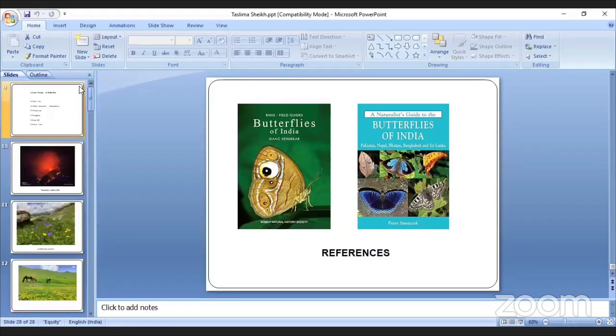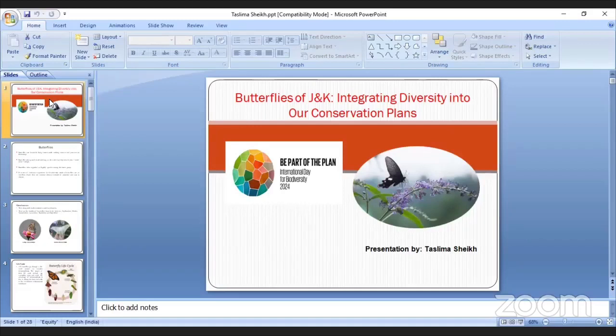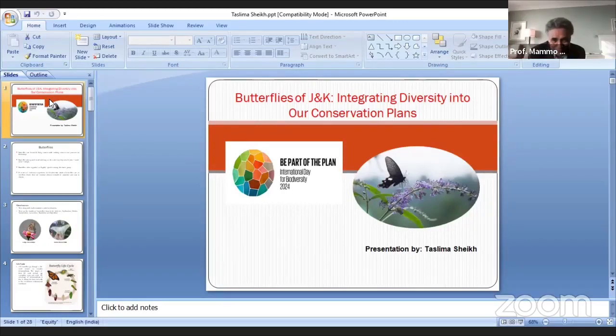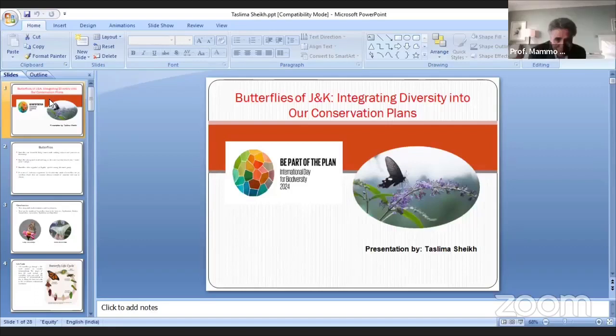May I ask a question? A very practical one on butterflies as insects. I think what he did is very good, and how they may be integrated in the conservation plan, instead of being a challenge, how we can work on them to make sure that they conserve the conservation plan.